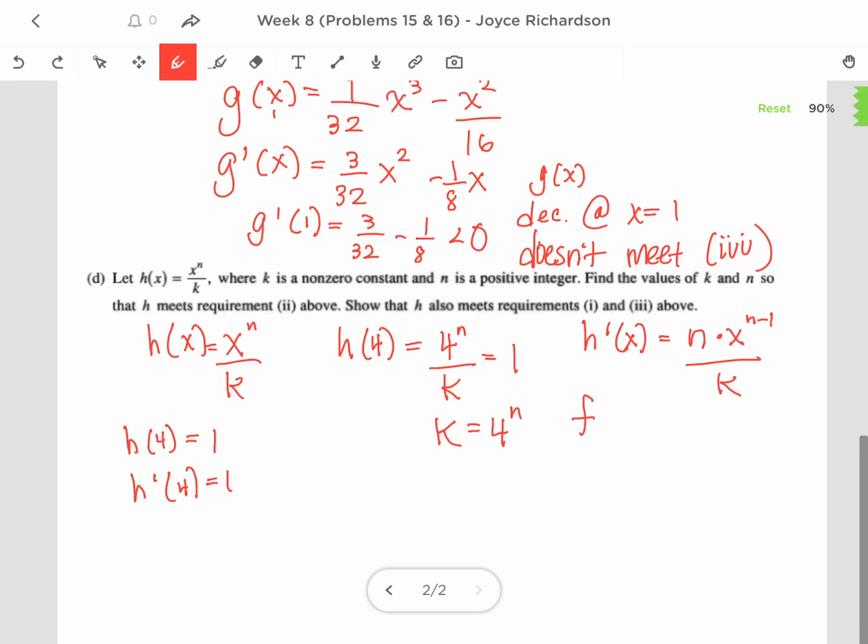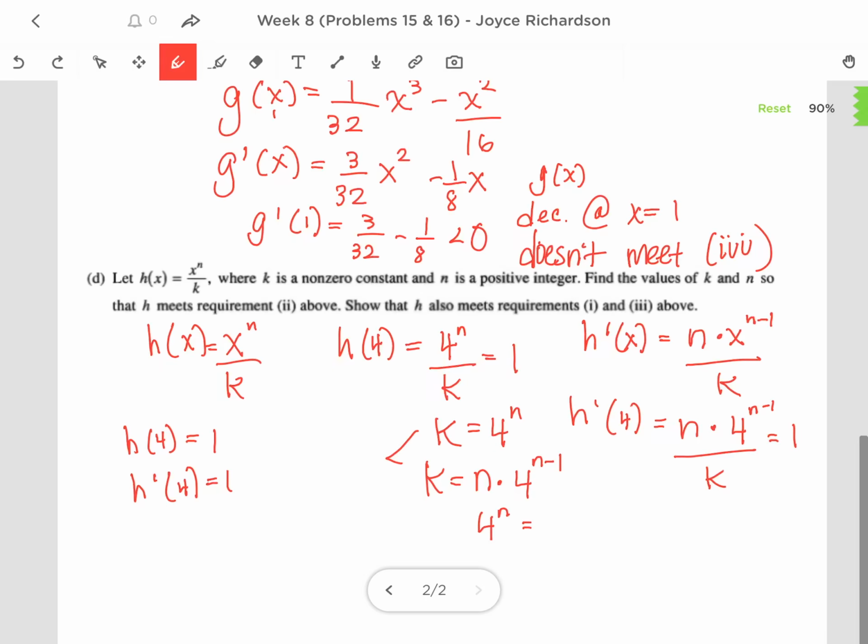So if I do h prime of 4, I'm going to get n times 4 to the n minus 1 over k is also equal to 1. So from here, I'll get that k is also equal to n times 4 to the n minus 1. If these both equal k, they better be equal to one another.